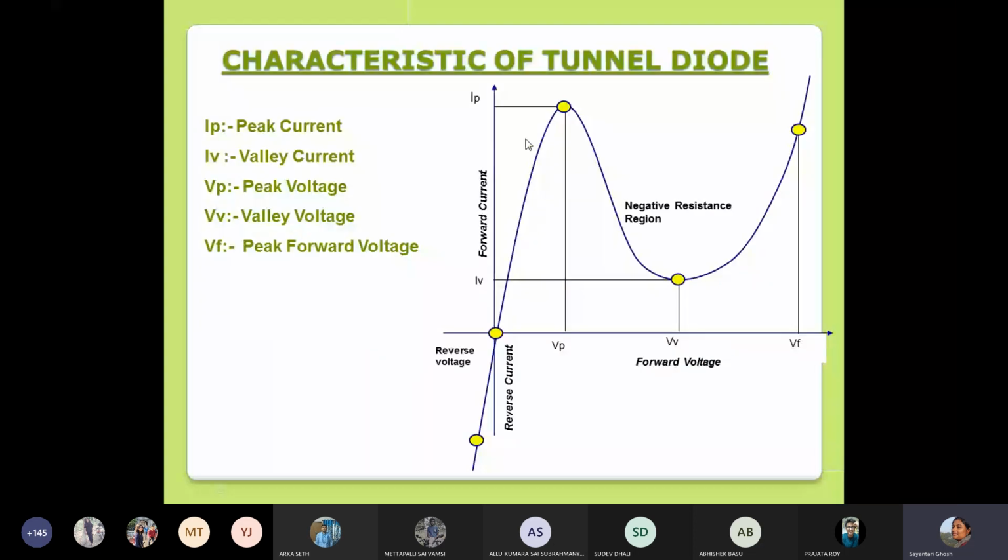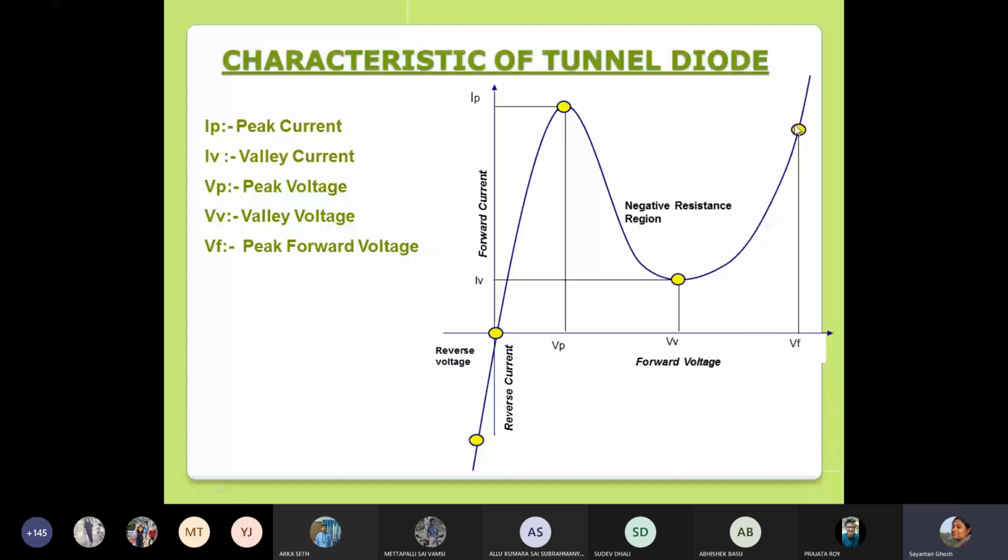Let me just quickly introduce some nomenclatures. The maximum current that has been reached here is called the peak current. The voltage at which it happens is called peak voltage. The minimum voltage where the turning occurs, where the negative resistance region ends, is called the valley voltage. This is the minimum voltage that I get here. And the maximum current occurs once again when the voltage was increasing.